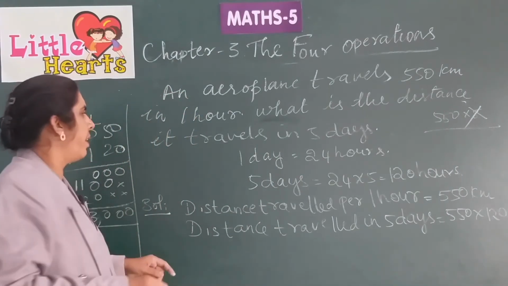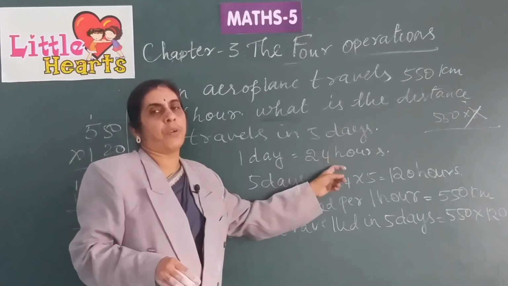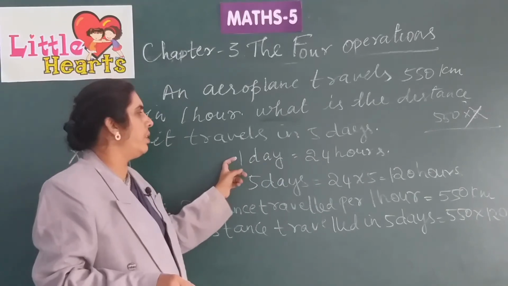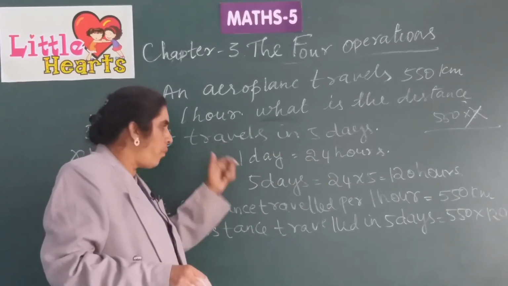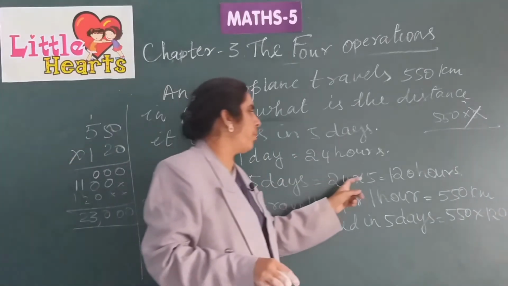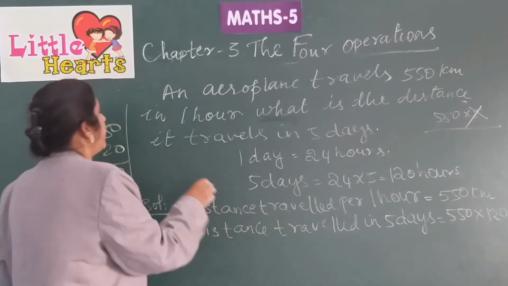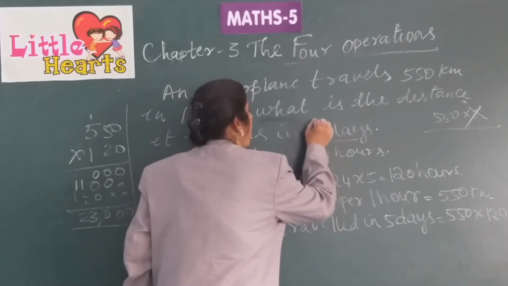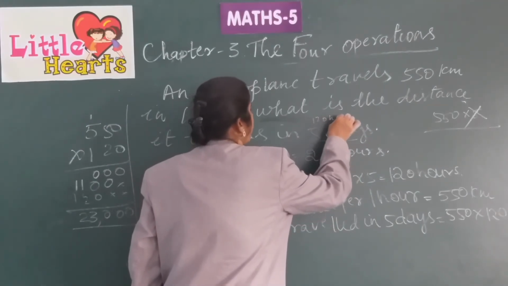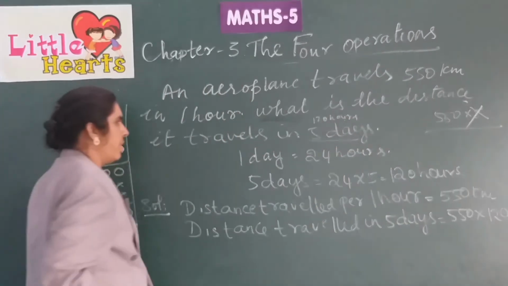First we shall try 1 day is equal to 24 hours. So 1 day equals 24 hours, and 5 days equals 24 into 5, 120 hours. So we have to find the distance it travels in 120 hours. We have changed days to hours.